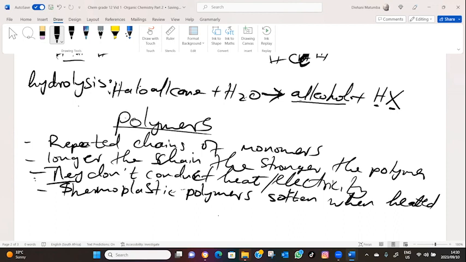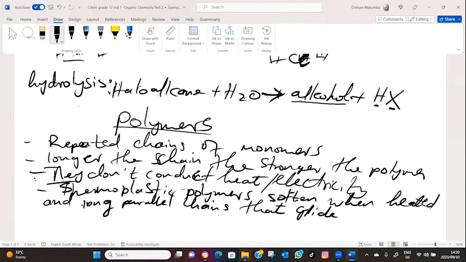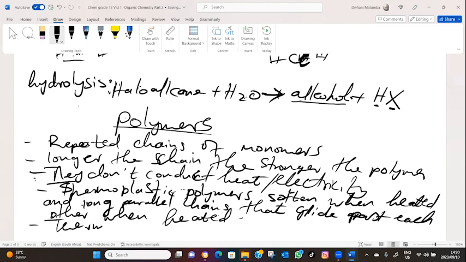And have long chains, long parallel chains that glide apart from each other, glide past each other, when heated. We also have thermoset.